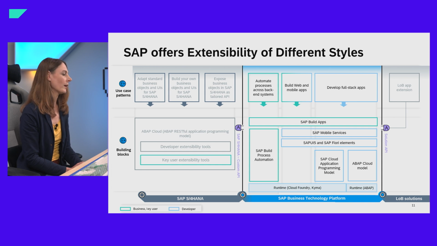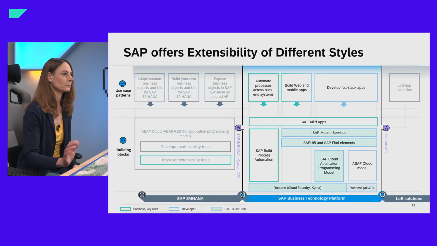And then you have the option as a third use case to develop full-stack apps. And for that, we have SAP Mobile Services, SAP UI5 and SAP Fiori Elements, our SAP Cloud Application Programming Model CAP, and for our ABAP world, the ABAP Cloud with the RESTful Application Programming Model.